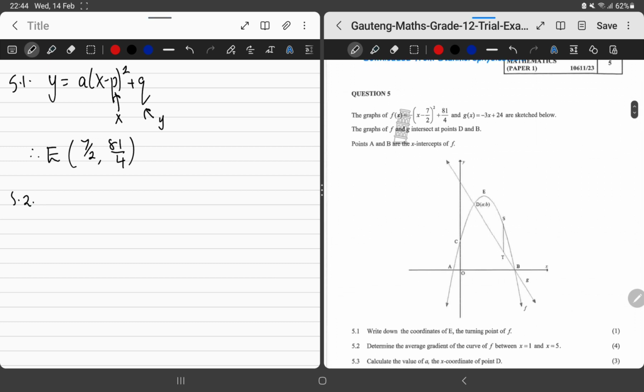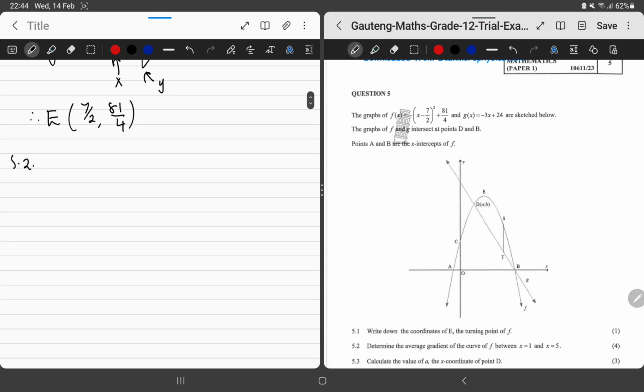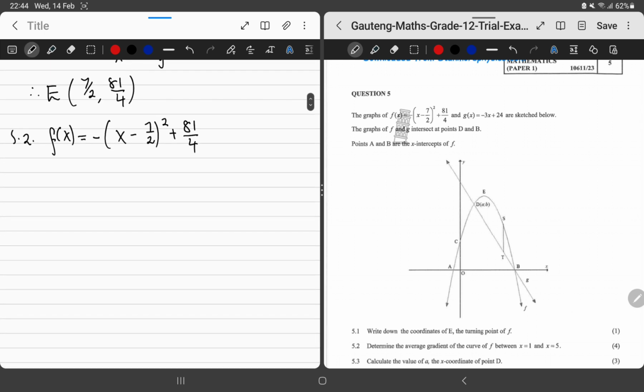5.2. Determine the average gradient of the curve between x equals 1 and x equals 5. f(x) is given by negative (x minus 7/2) squared plus 81/4. I am given two x values, and I know that in order to calculate the gradient, I must have the change in y over the change in x.